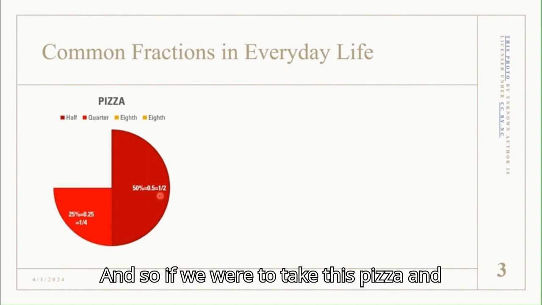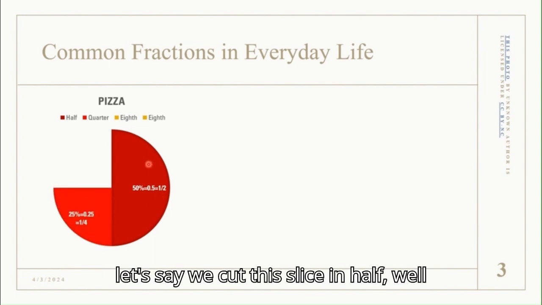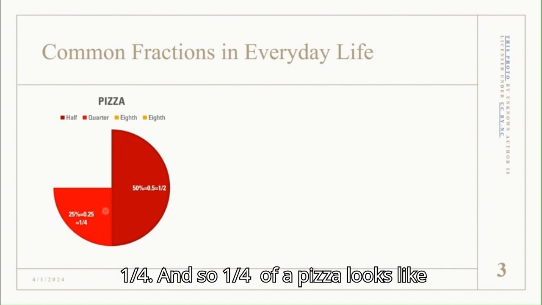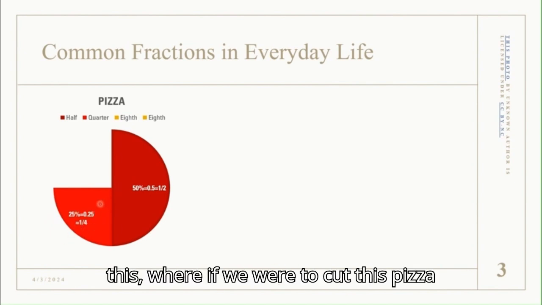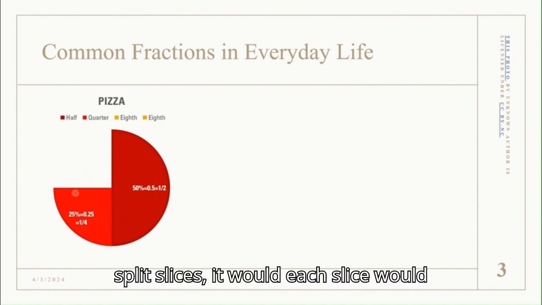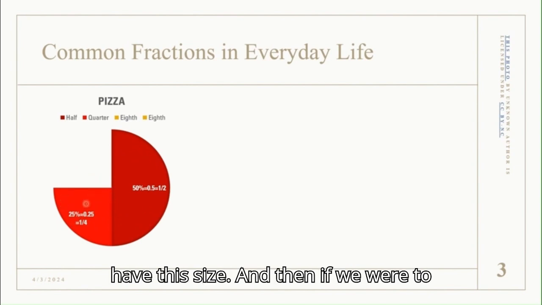And so if we were to take this pizza and cut this slice in half, that gives us 1/4. And that's 25%, or 0.25. A quarter of a pizza looks like this, where if we were to cut this pizza up into 4 evenly split slices, each slice would have this size.